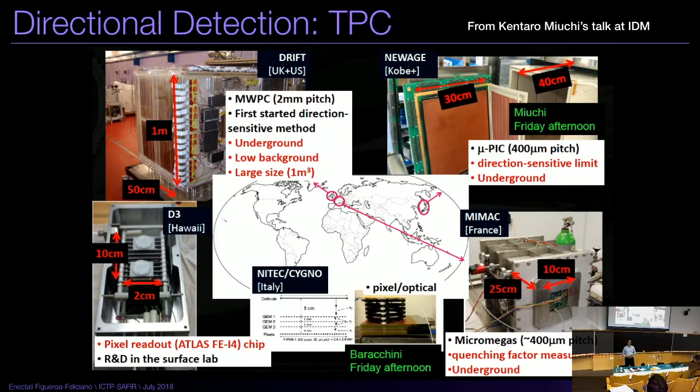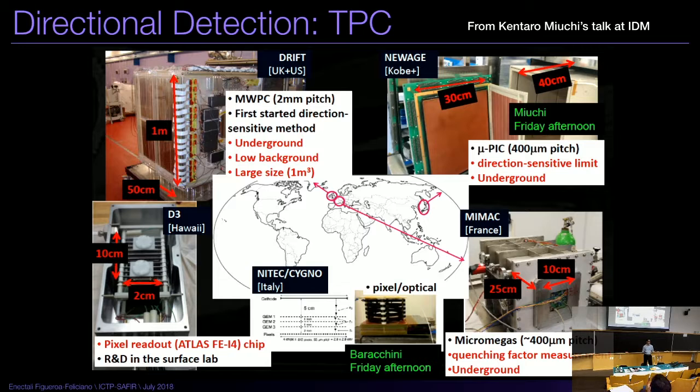And so I think directional detection might not necessarily be the technology you would use to discover dark matter, but I think it is not unreasonable to think that if dark matter is discovered soon and it's in the right cross-section and mass range for some of these technologies, you can imagine a second or third generation experiment that would use some type of technology to actually do this directional measurement.